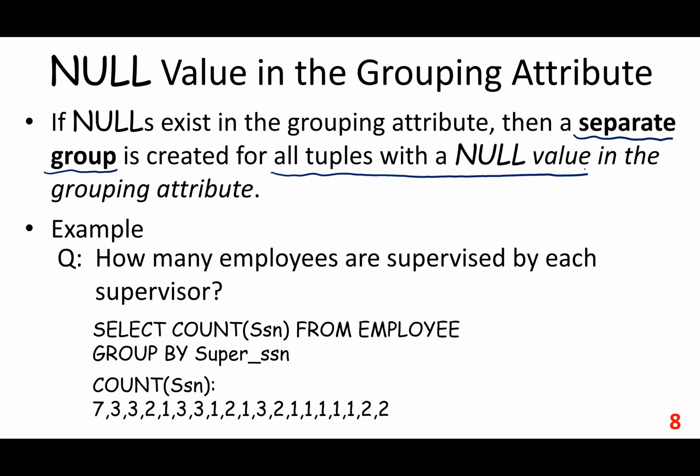This is the count result. The first one, 7, corresponds to the null case. There are 7 employees who do not have supervisors, in a single group. All the remaining groups, 3, 2, and so on, are not null values.